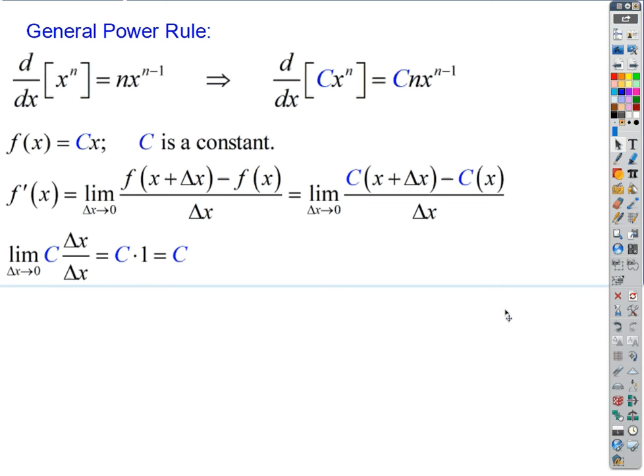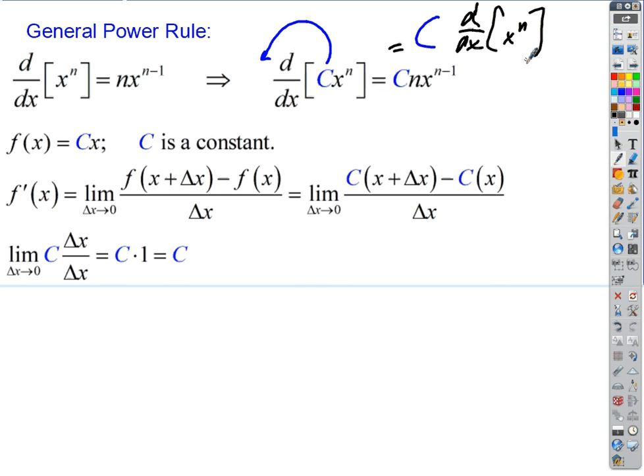The moral of the story is, when we're taking a derivative of a constant times a function, and this is huge, this makes life really easy, we can always, and this is the language of calculus, just pull the constant out front, right? So the derivative of c times x to the n is just equal to c times the derivative with respect to x of x to the n, right?